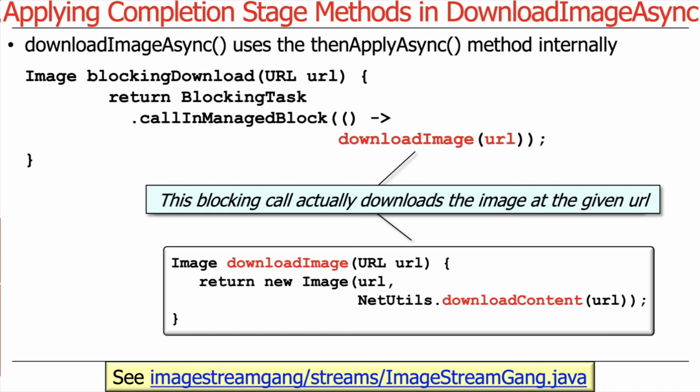And this is the actual call. You can see here that download image, which will run in the context of the managed blocker, just goes ahead and downloads the content from the URL and converts it into an image. And that's nestled deep in the bowels of helper classes in this design. So just a useful thing to know how to do, download an image from a URL and then convert it into an image.